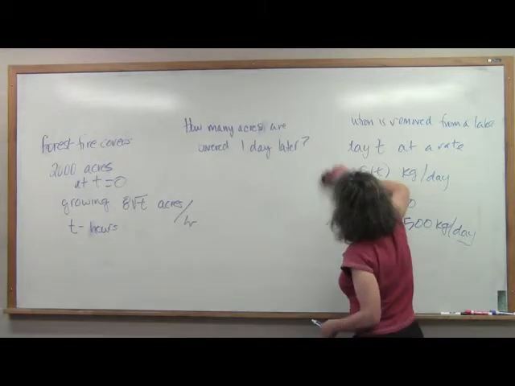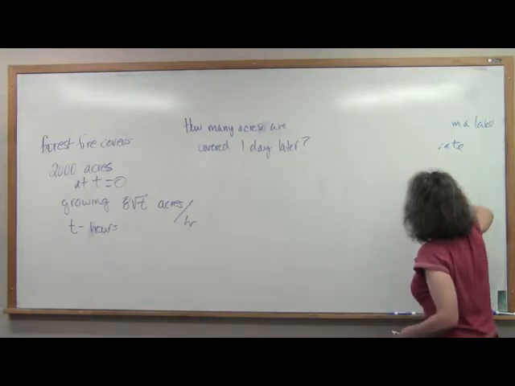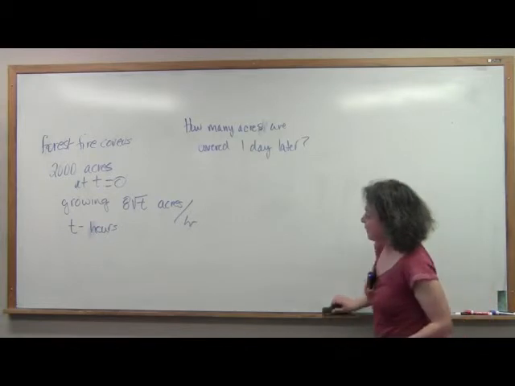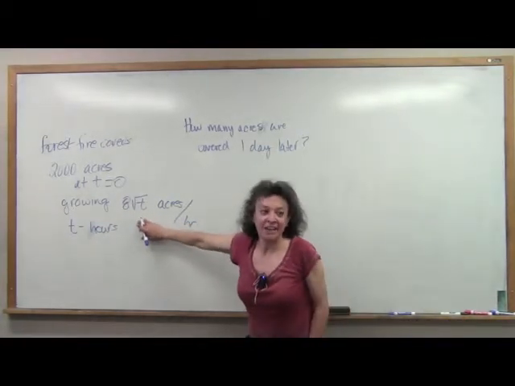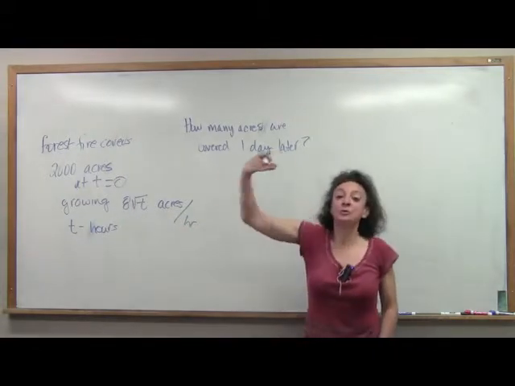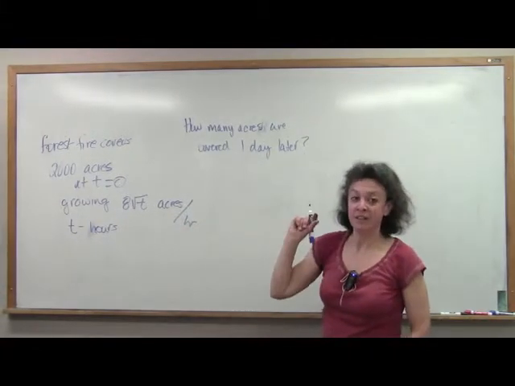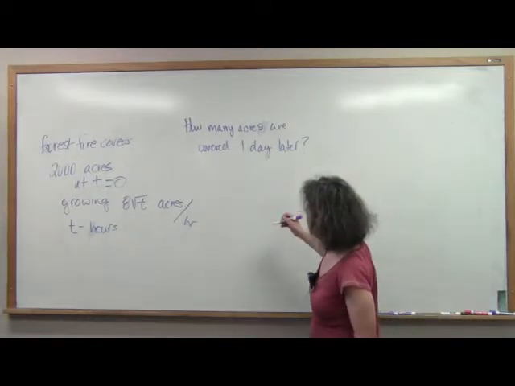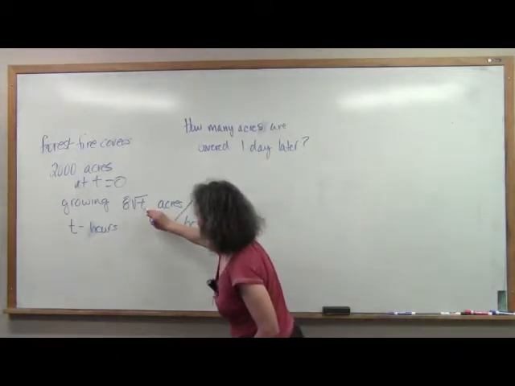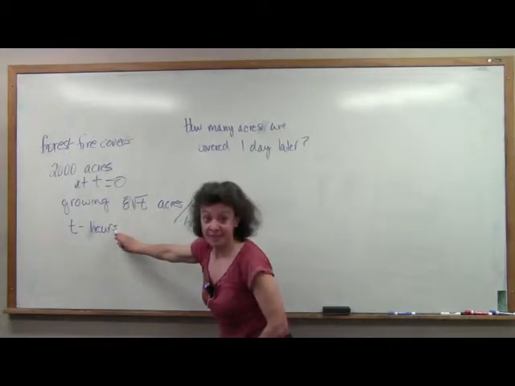All right. Well, notice we want to know the number of acres. What we're given is the rate. And again, how do you undo the rate? You take your antiderivative. You've got to be careful with units here, and I did this very intentionally. Notice this is in acres per hour. This is in hours.